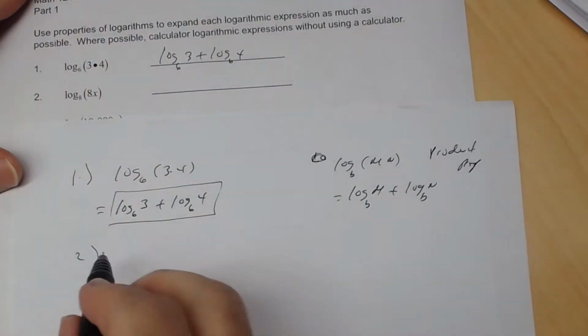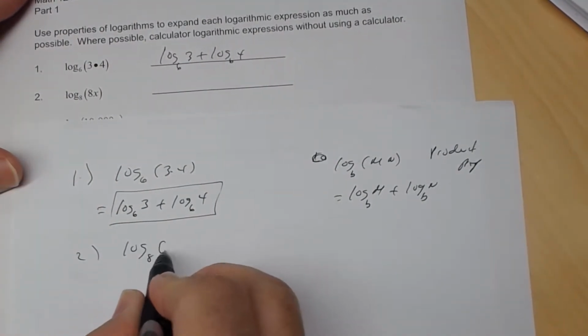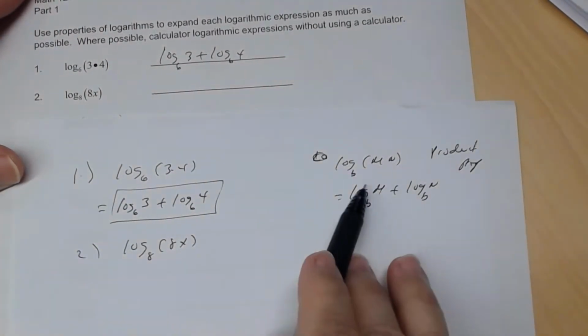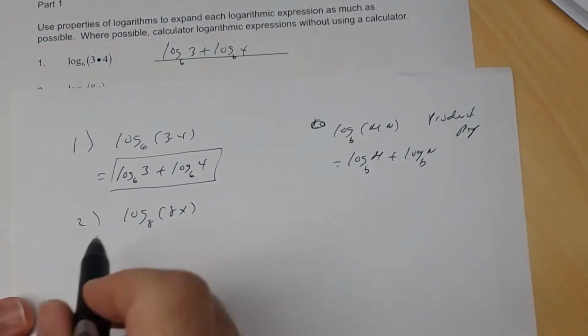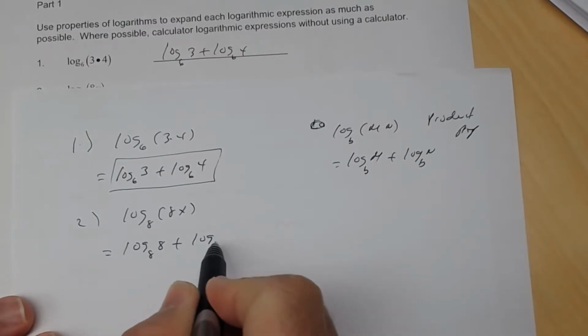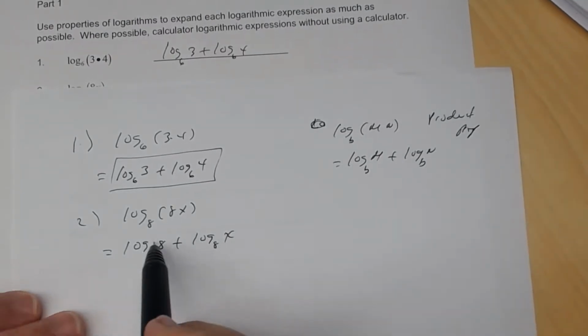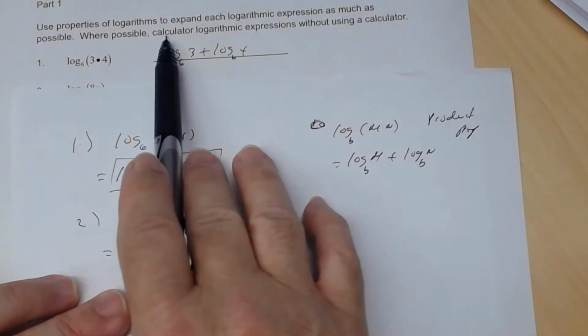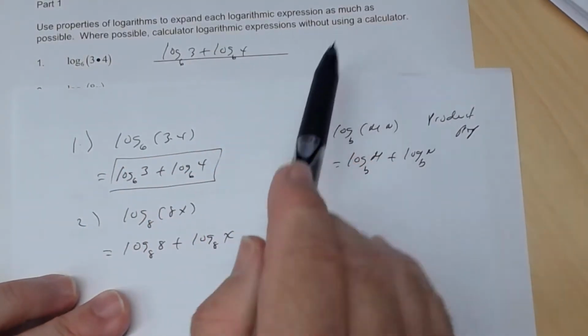All right, in 2, you have log base 8 of 8 times x. So again, you're going to use the product property. So this becomes the log base 8 of 8 plus the log base 8 of x. Now this is where you have to use this part: where possible, calculate log expressions without using a calculator.